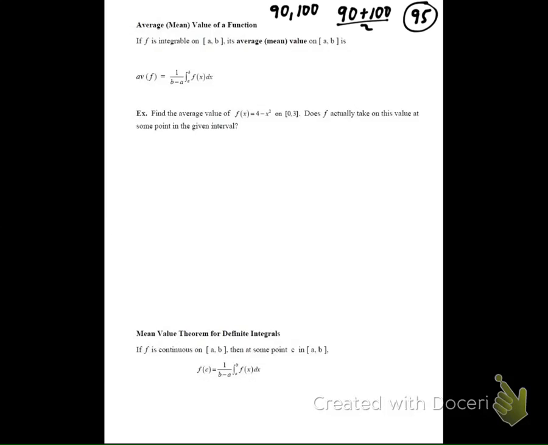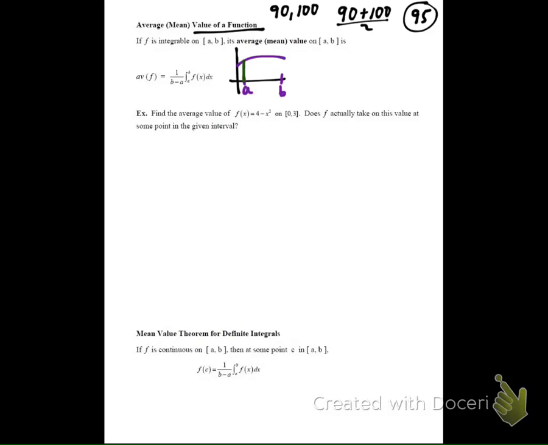Well, the average value of a function, if you look at the graph of a function on the interval from a to b, the values of the function are the y values, how high one little line is.